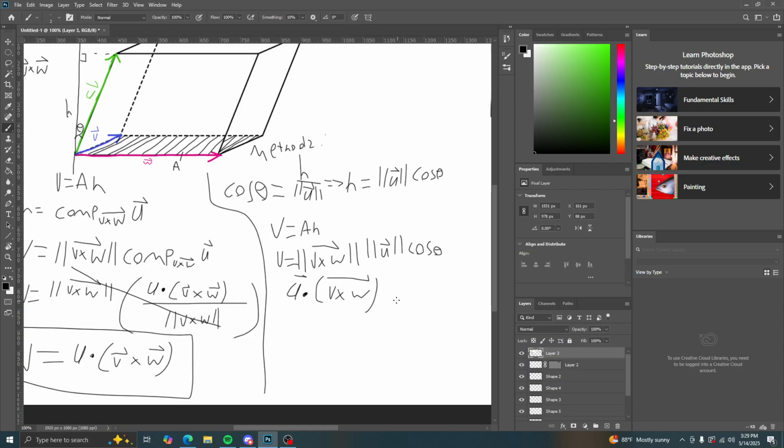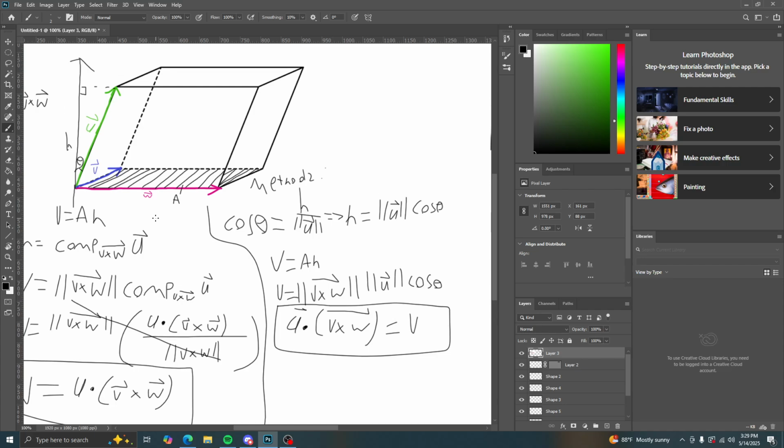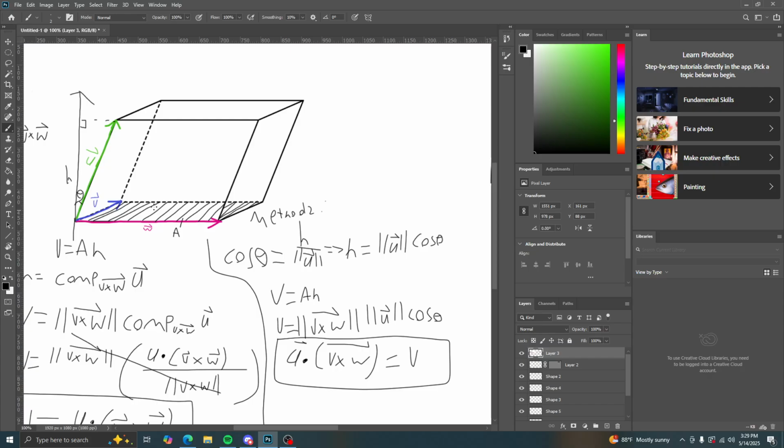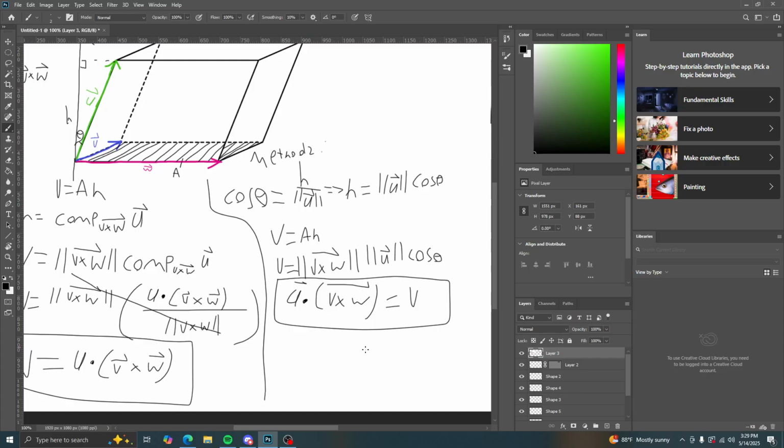And so we have that the volume is again equal to u dot v cross w. And that's another way to prove how to find the volume of a parallelepiped using the triple scalar product.